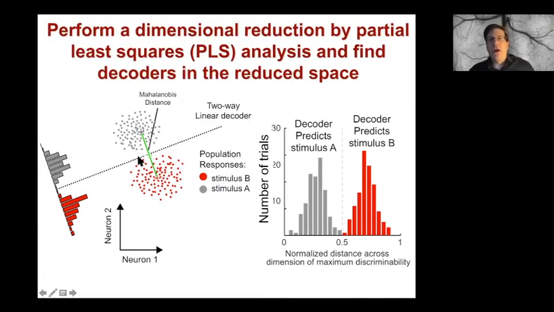Now, the way that we went about doing this was to perform a dimensional reduction. So we're working initially, as the data comes in, in something like 1,000 dimensional space with that many neurons. We used what's called a partial least squares analysis to find dimensions in that space that were informative about the classification, and then to build decoders in this space of reduced dimensionality.